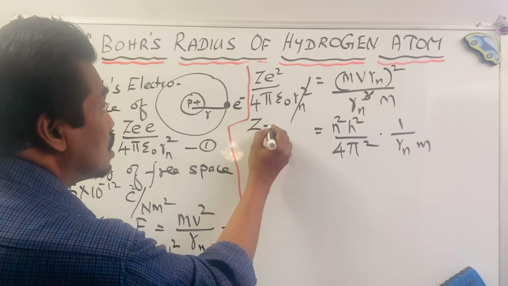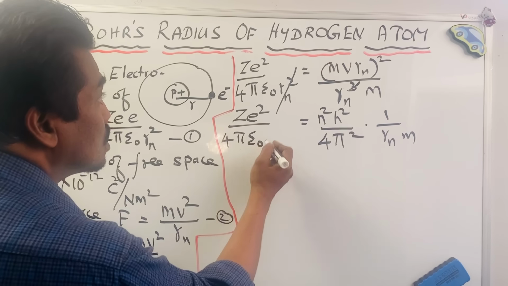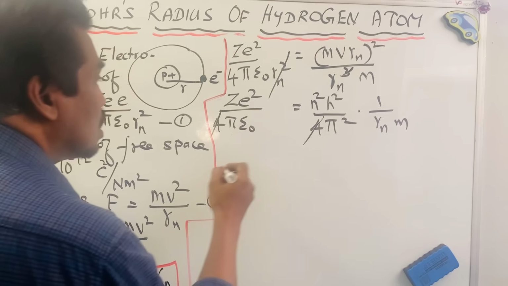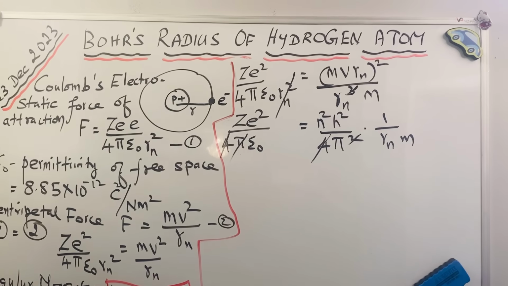So Z E square over 4 pi epsilon 0, that's all. This 4 and 4 get cancelled, and one pi and this pi will get cancelled. Now we can find the value of r n.